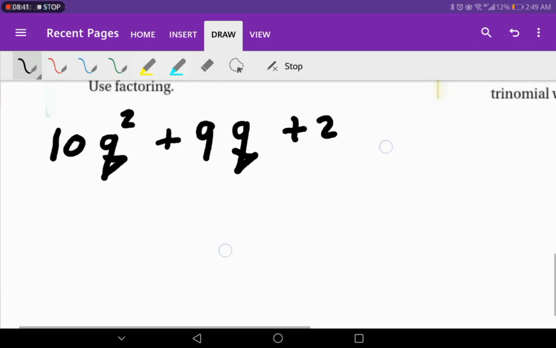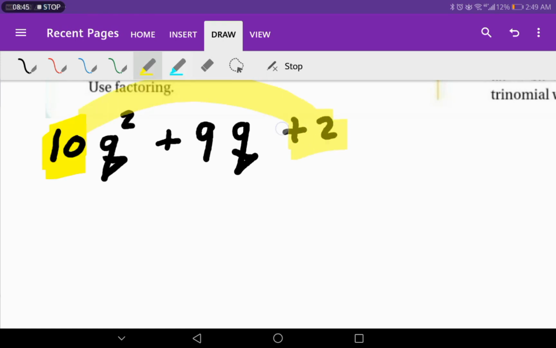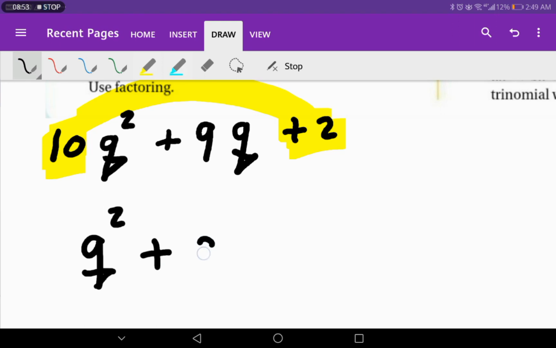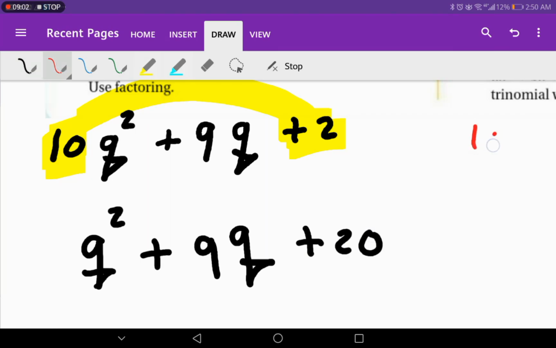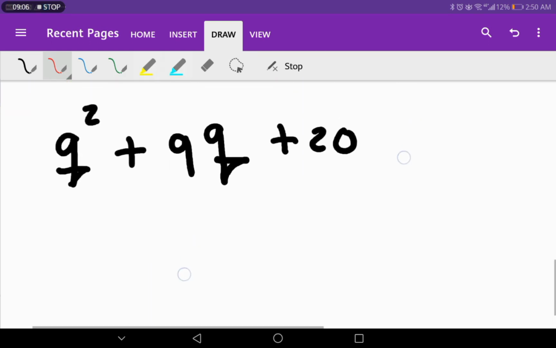Now the first step, as you said, teacher, we multiply this by this, so it will be q squared plus 9q plus 20. This is the first step, and I write the coefficient here, 10 and 10. Okay, don't worry about it.